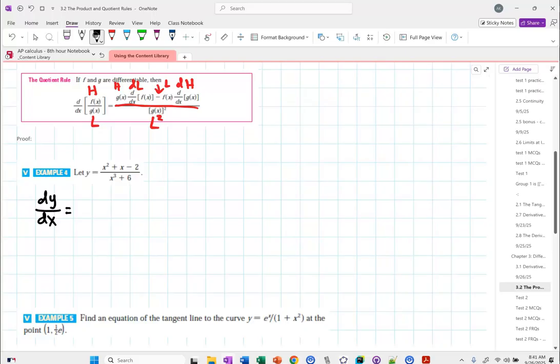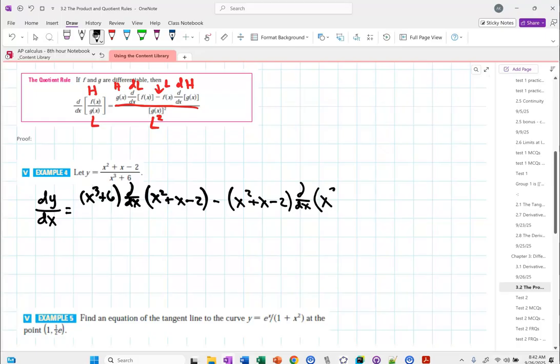So if I use the quotient rule, I'm going to have low times d high minus high times d low all over low squared.